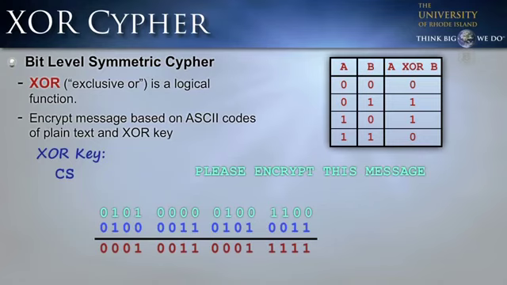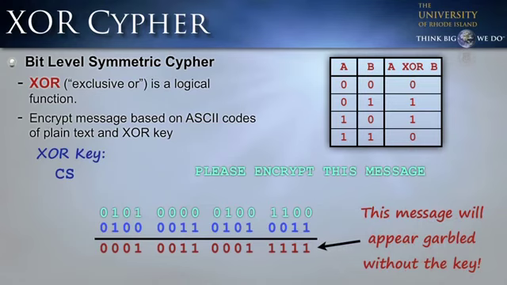And then we use this XOR table in order to determine, okay, if A, which is our message that we want to encrypt, is 0, and our XOR key, which is B, is a 1, then A XOR B, our encrypted message, would also be a 1.